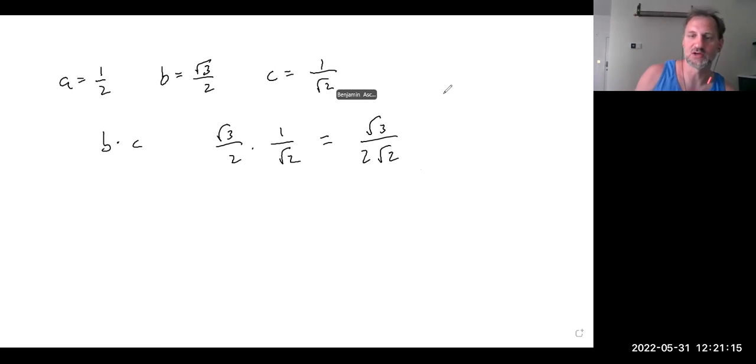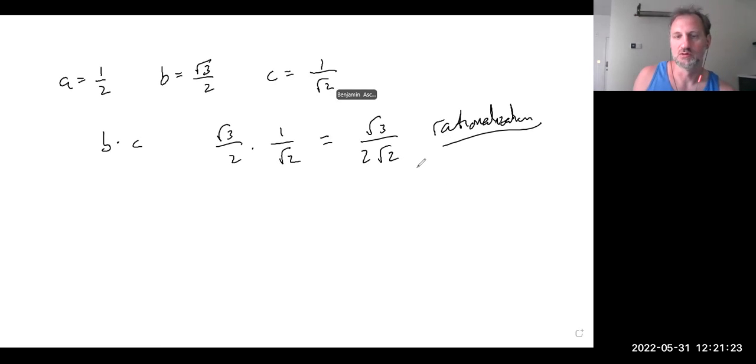Well, remember there was something called rationalization. Rationalization is where you try to make these rational, in the sense that I want to get rid of the radical here. So how do I get rid of the square root of 2 in the denominator? This is a very antiquated thing in some ways, because dividing by the square root of 2 is a problem if you're going to do it by hand.